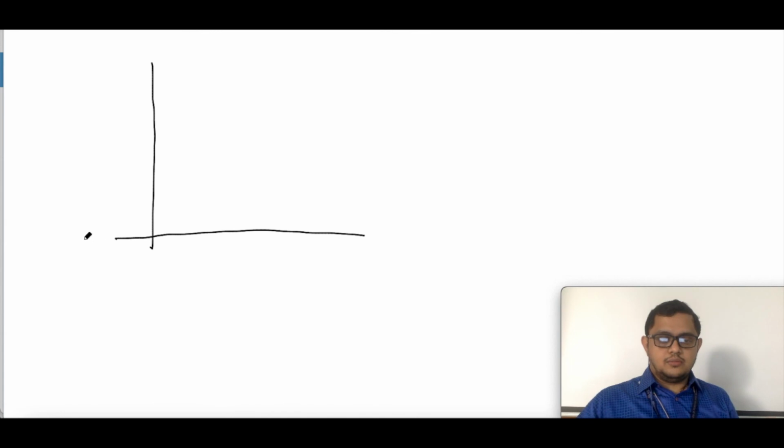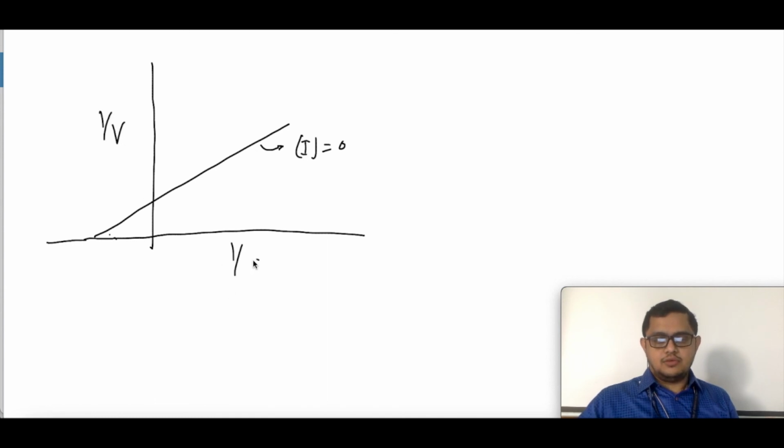Imagine this is your I is equal to 0. That means I equal to 0 means there is no inhibited reaction. So this is 1 by V, this is 1 by S.